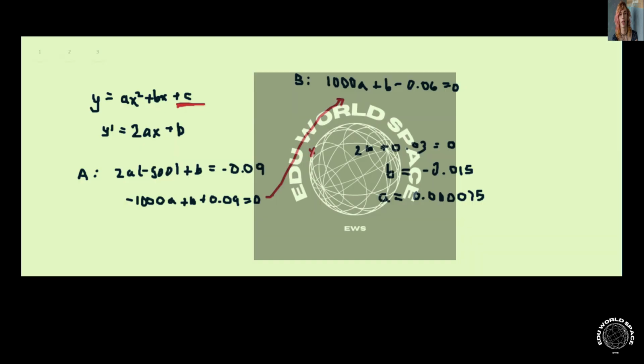And then for x and y, you can choose one of the 2 points we calculated. So if you used point A, you would substitute 45 for y and negative 500 for x. And when you plug that all in, you'll just have the plus c as the unknown. So when you solve it out, you'll get that c equals 18.25.